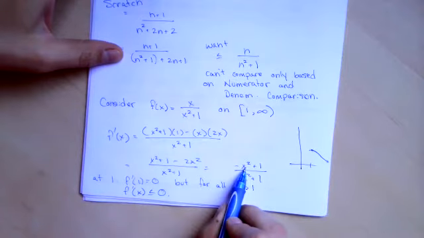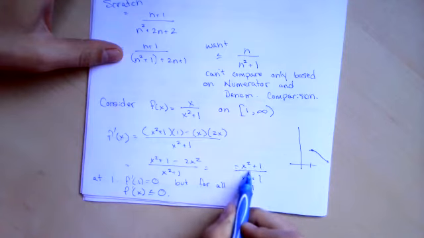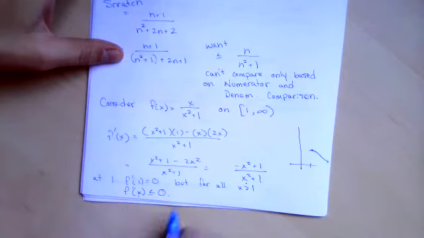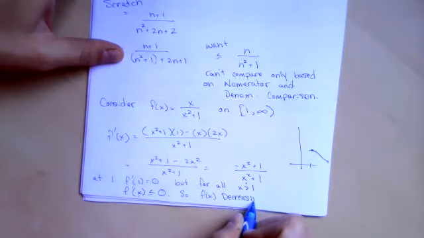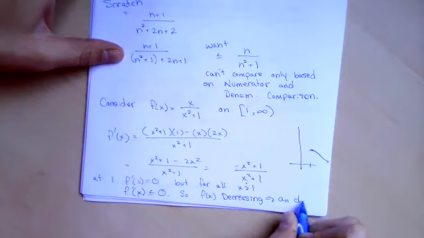If I plug in 2 here, it'll be 2 squared, negative will give me negative 2 squared plus 1. The numerator will always be negative. The denominator is always positive. So overall, the derivative is always negative. So f of x is decreasing, which implies a_n is decreasing.